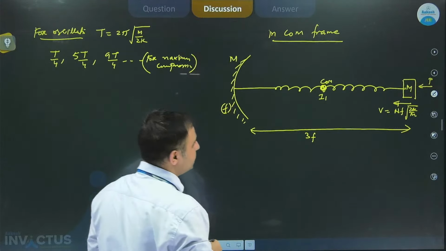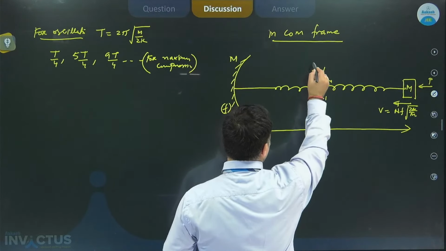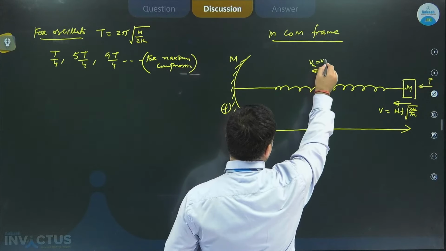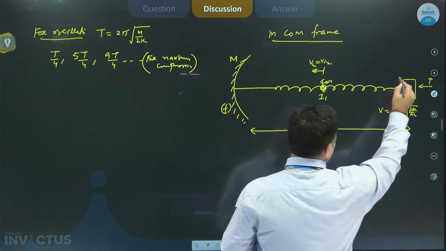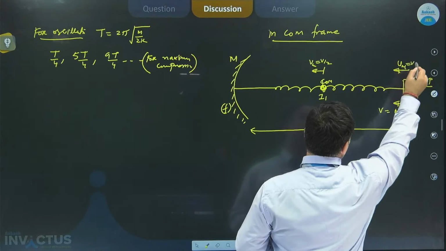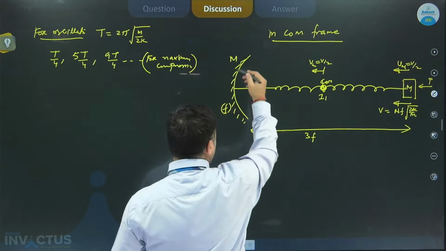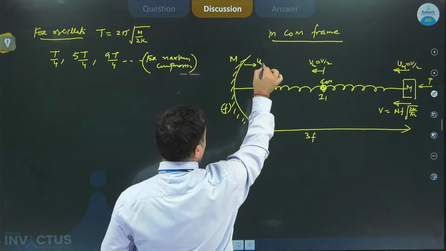Now this is the velocity of the block. So velocity of center of mass VCM is v by 2. Now with respect to center of mass, the relative velocity of this block will be v by 2, and the relative velocity of this mirror is also v by 2.